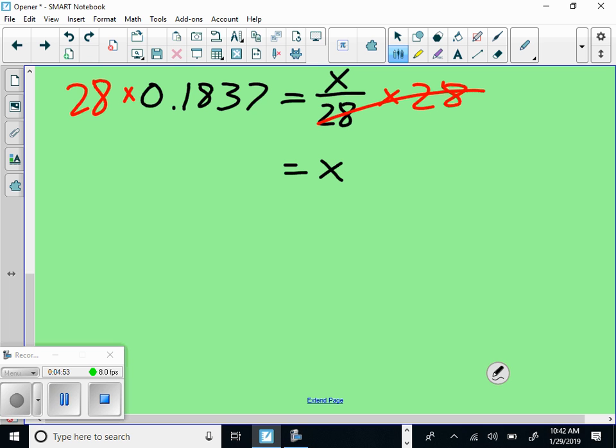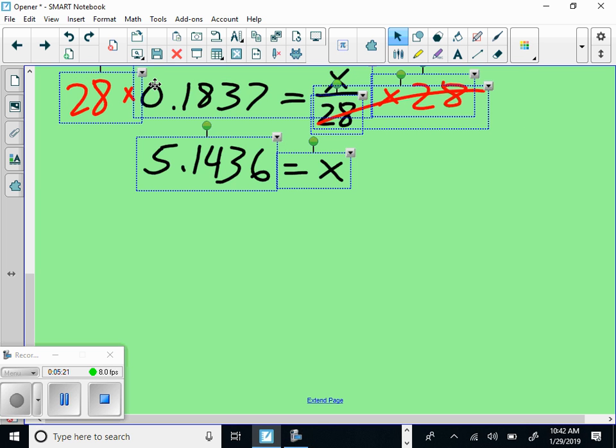We just have x. On the left side, you get a calculation, hopefully a really simple one that you can do in your calculator. You do 28 times 0.1837. And here in this case, we're going to get 5.1436. You're going to have the same problem over and over again, or at least it's going to look the same setup, and should be the same 2 steps to solve the problem each time.